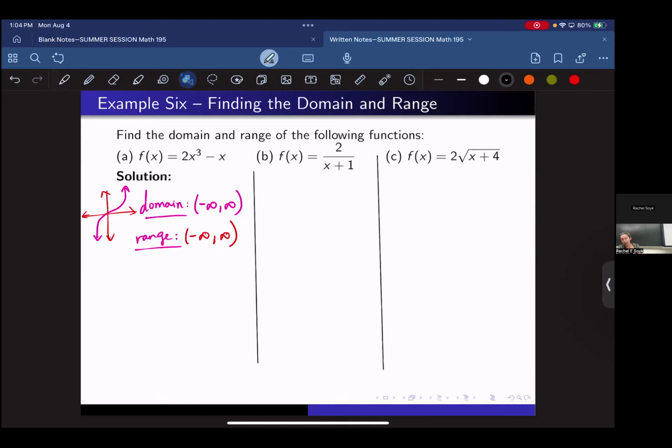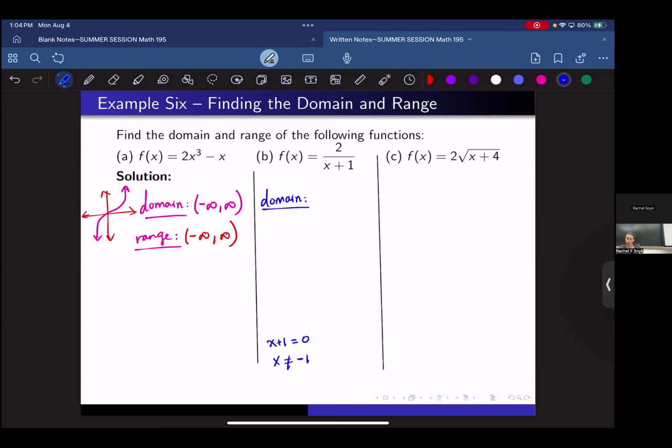Let's go ahead and look at B. Let's look at domain first. Any restrictions? Yeah, what? Our denominator can't be 0, so we set it equal to 0, and that tells us our x can't be equal to -1.